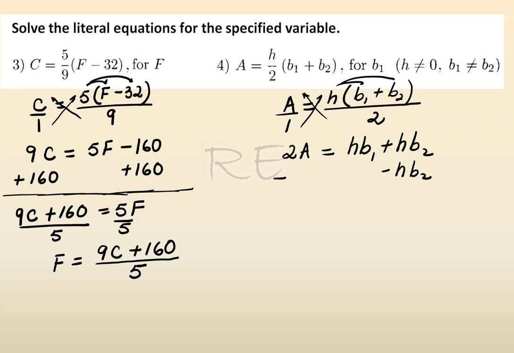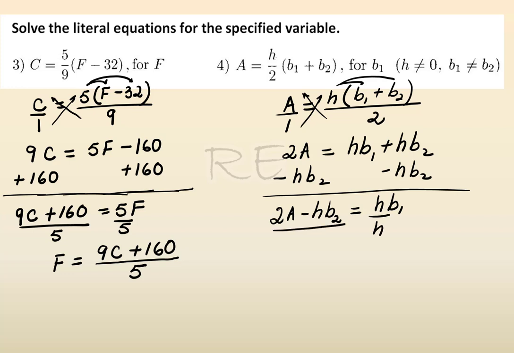When we subtract hb2 from both sides, since we're solving for b1, 2a minus hb2 is equal to hb1. The last step is to divide both sides by h, and b1 is equal to 2a minus hb2 divided by h.